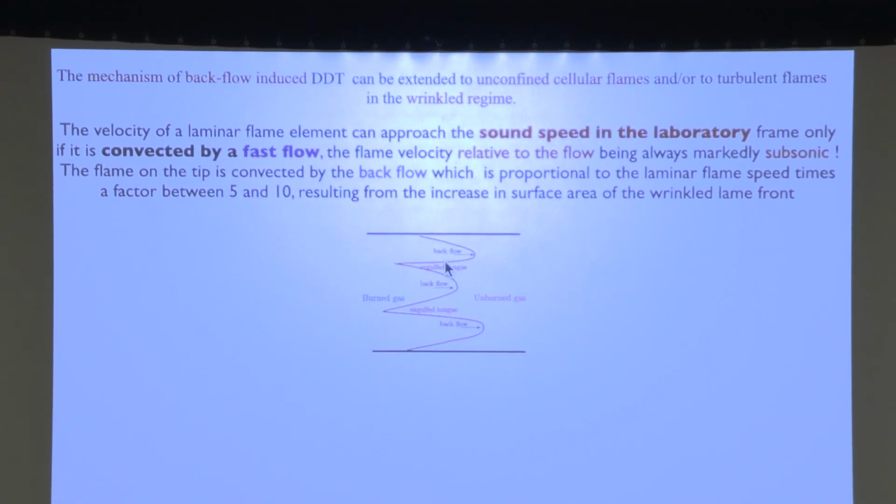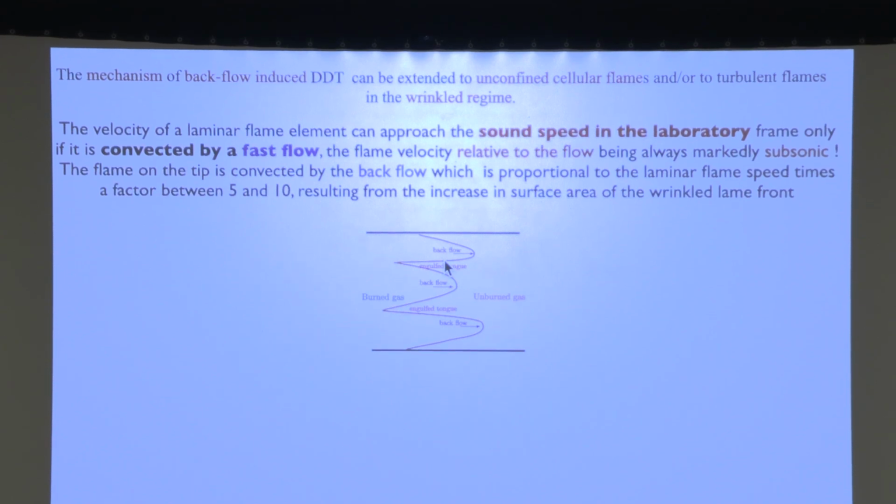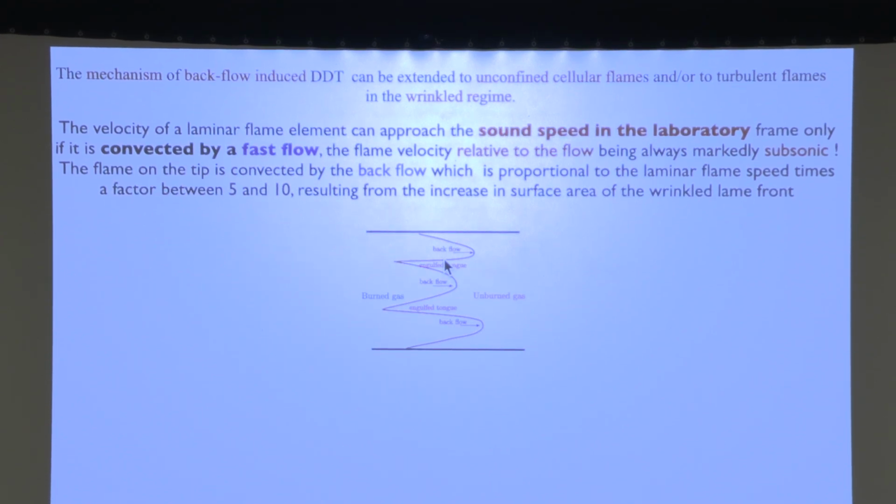Now, maybe I should have first presented a few things about the turbulent flame. But you see now, if you consider the conservation of mass, this structure is propagating much faster than the laminar flame. Why? Simply because by conservation of mass, across each portion of surface of this flame, the mass flux is a laminar mass flux.